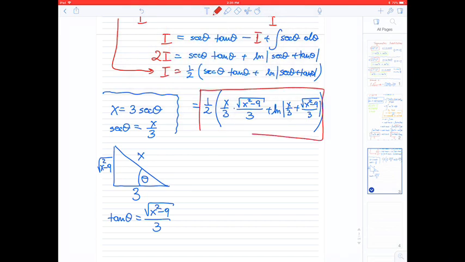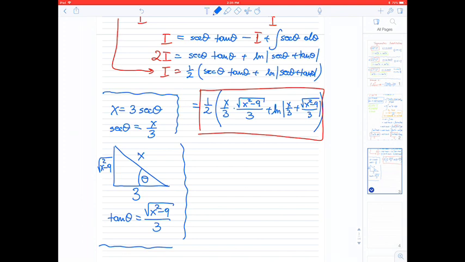This is the final answer of the whole integral. Okay, we did touch not only the trigonometric substitution, we did touch a little bit more problems.